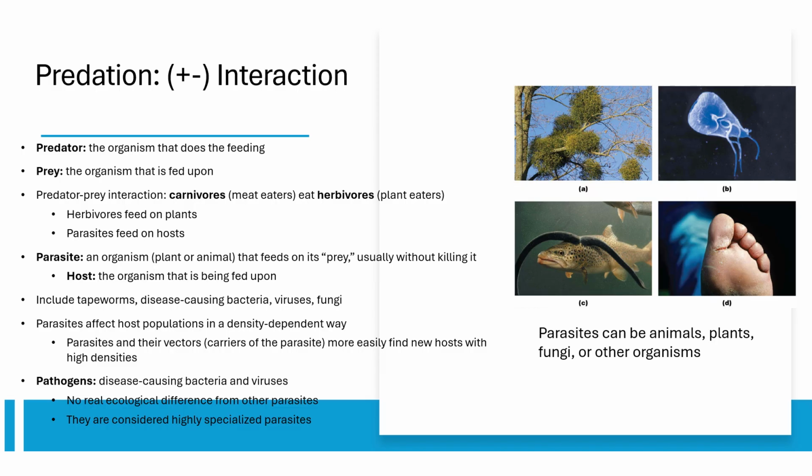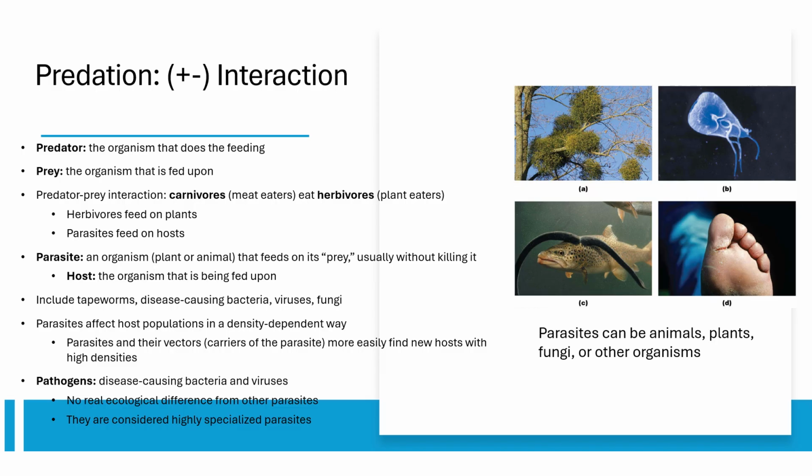Another type of predation is when a parasite feeds on its prey. A parasite is considered a predator. A parasite is, by definition, an organism, it can be a plant or an animal, that feeds on its prey, typically without killing it. And the host is the organism that is being fed upon, so that would be the prey.